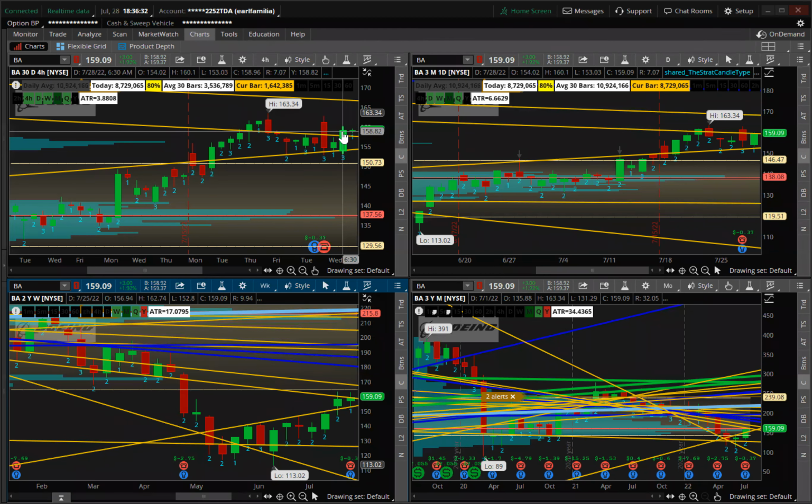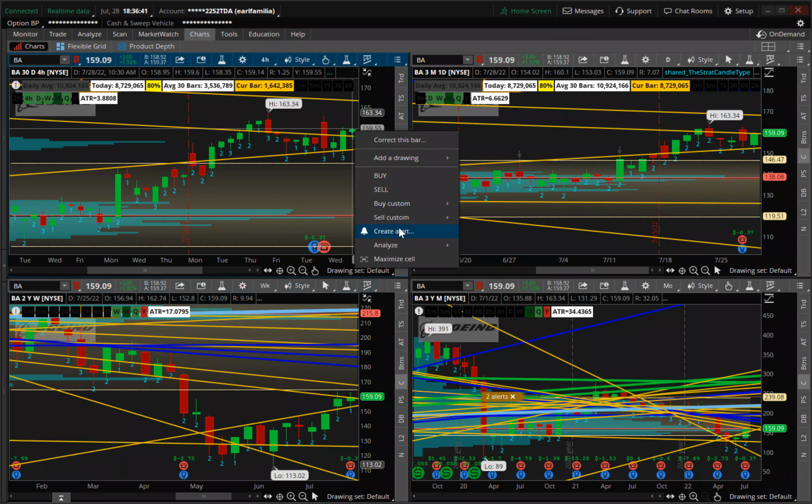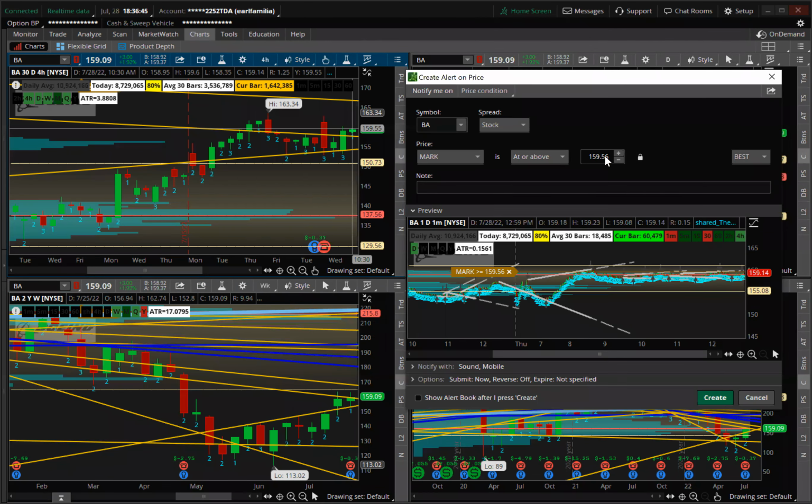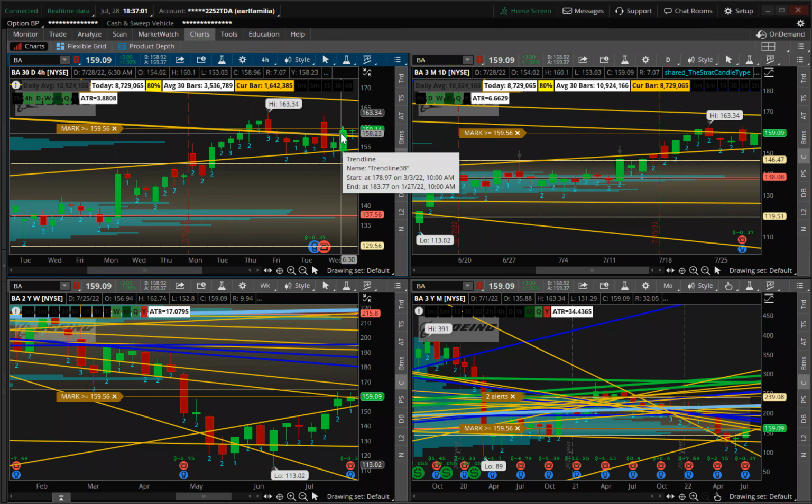So let's take a look at the lower time frame in the 4-hour. We have a Chicago setup here above 159.60. I mean, obviously initial target is today's high.